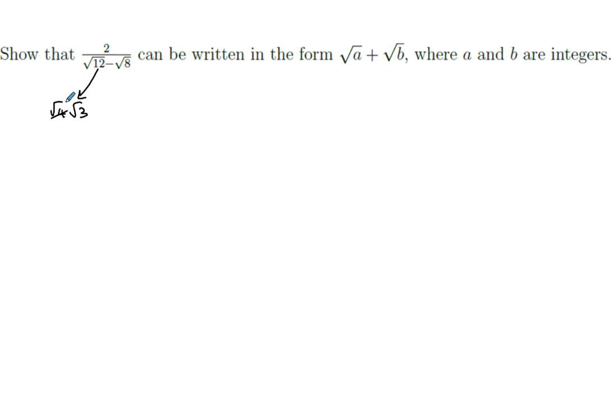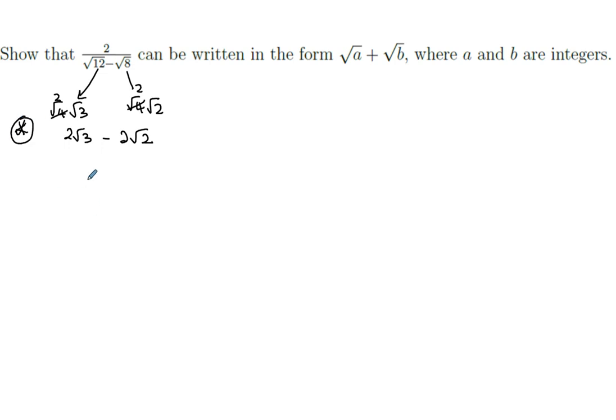So that would be 2 surd 3. And then surd 8 can be broken down into surd 4, surd 2. So that would be 2 surd 2. So we've got 2 surd 3 minus 2 surd 2. So always do that first.